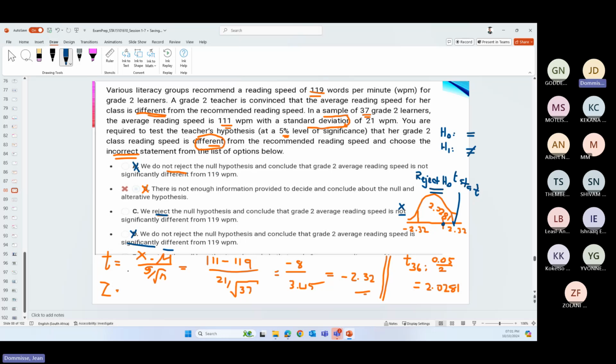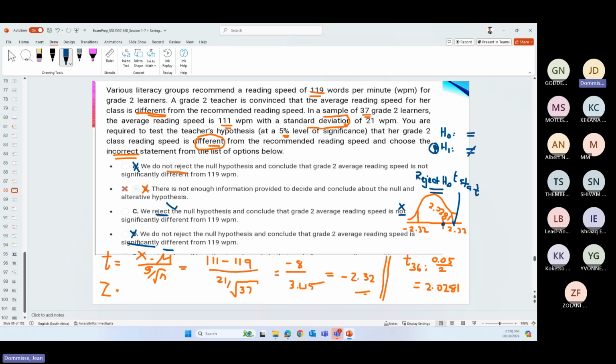Okay, so there must have been another option because now we're getting two mistakes here because we do reject the null hypothesis, but rejecting the null hypothesis, we accept the alternative.